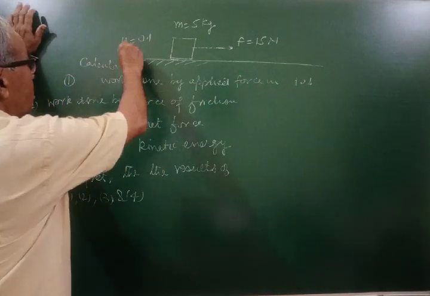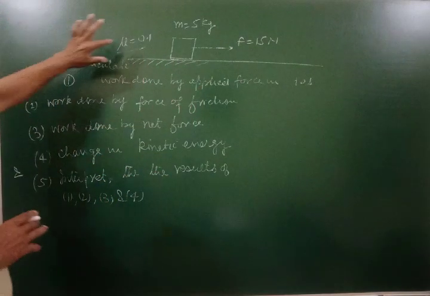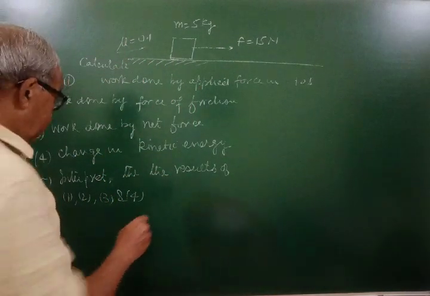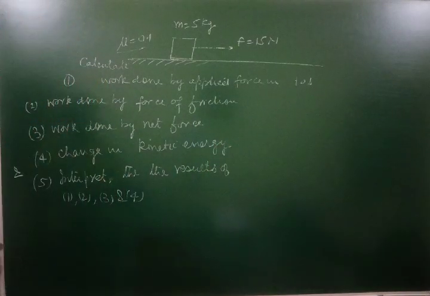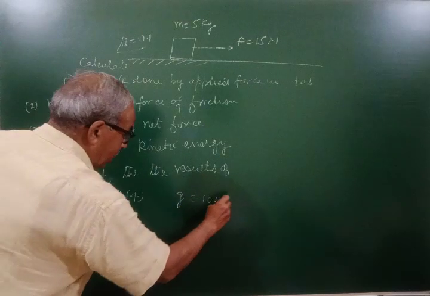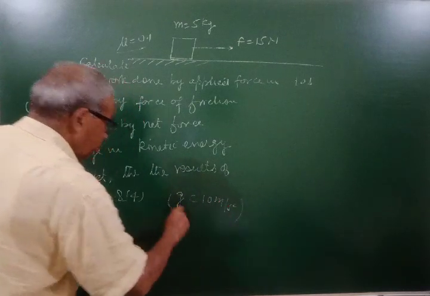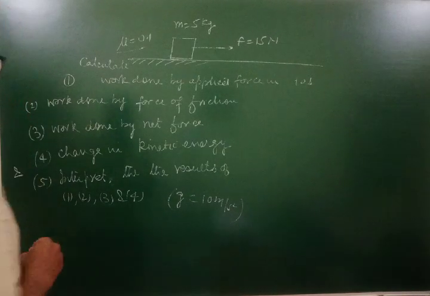Coefficient of friction between the block and the surface is 0.1. Taking the value of g as 10 meter per second square, calculate the work done by applied force in 10 seconds.